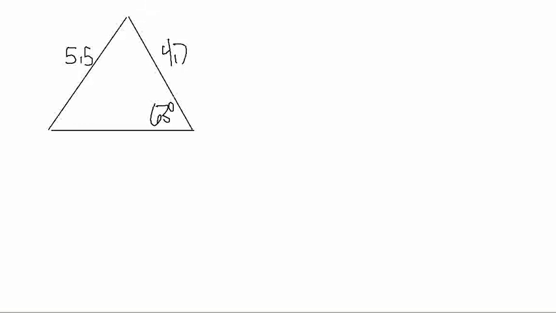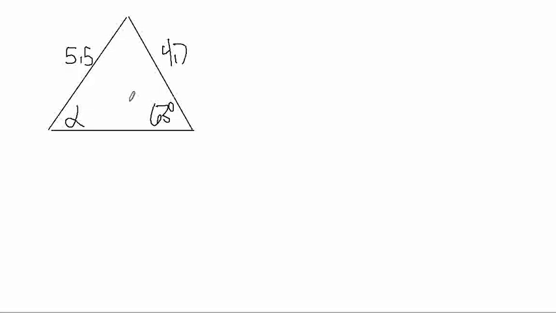So I know two side lengths. One of the lengths is 5.5, one is 4.7, and I know an angle measure. One of them is 63 degrees. And suppose I wanted to know the angle measure denoted by the variable alpha.